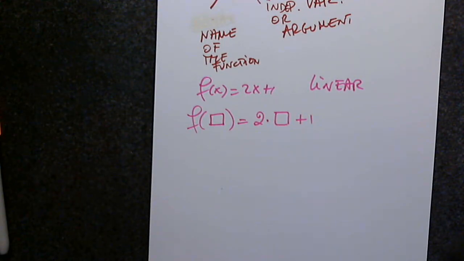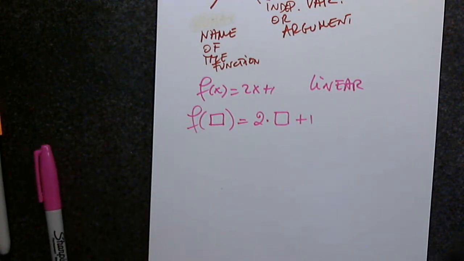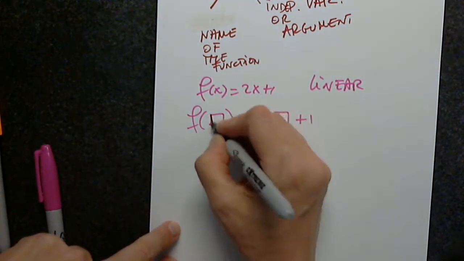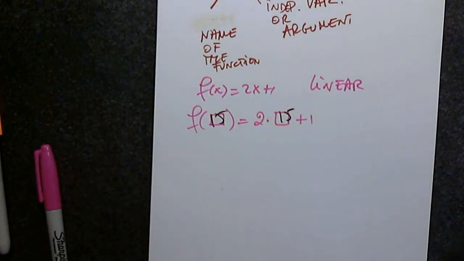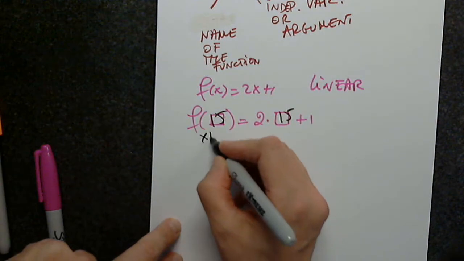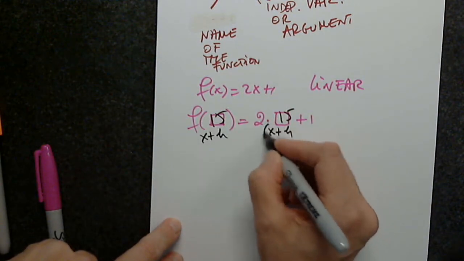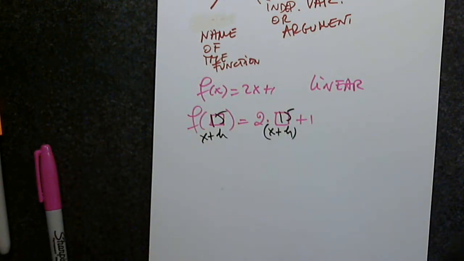The function says f of whatever you want equals 2 times whatever you want, the same thing inside of f, plus 1. In other words, if you say evaluate this for 15, okay. Then evaluate this for x plus h, okay. Just plug in. Evaluate it for 0, okay. And I can go on forever.